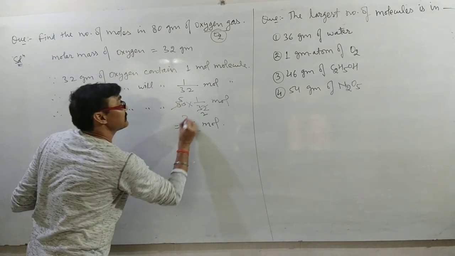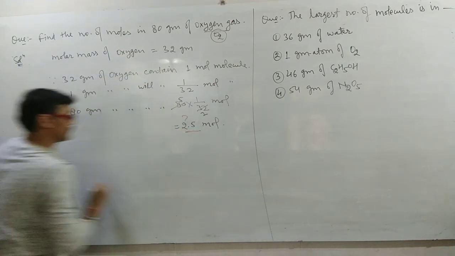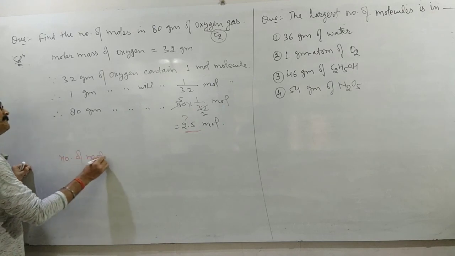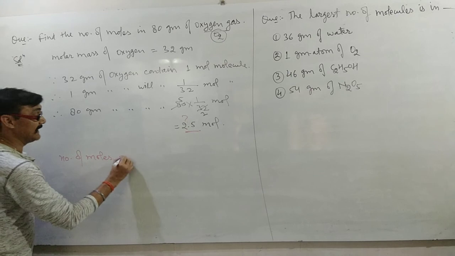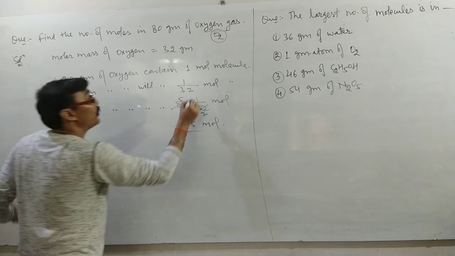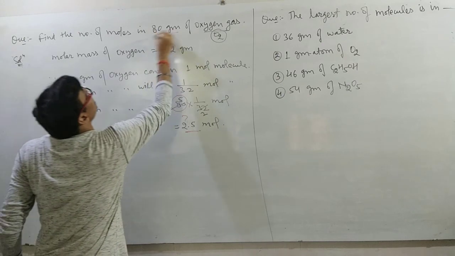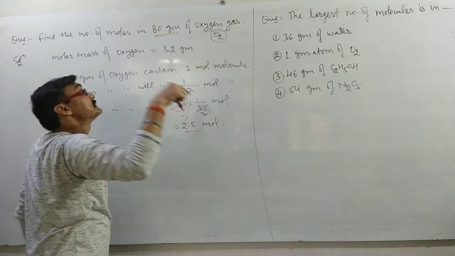What is this? Number of moles. So, number of moles is equal to, what is this? Given mass, in which we have to find number of moles.